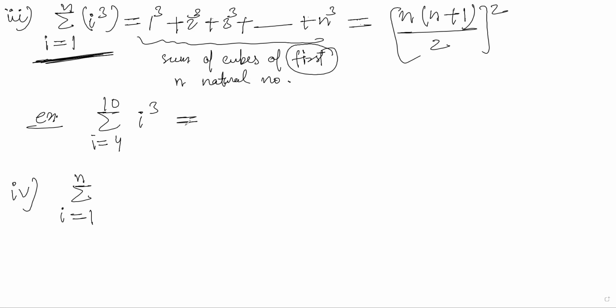Now, when you take I from 4, what did you miss? Anyone? What did you miss? When I started I from 4, what are the terms that I missed according to this formula?